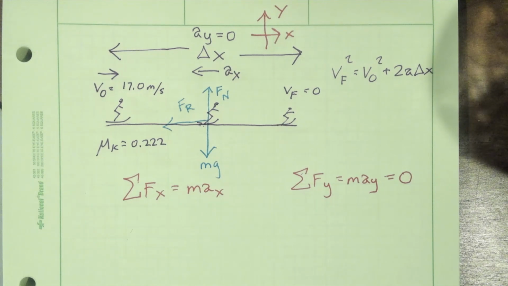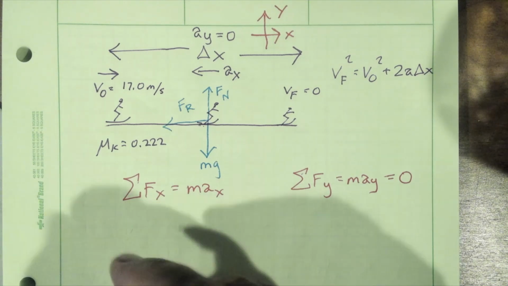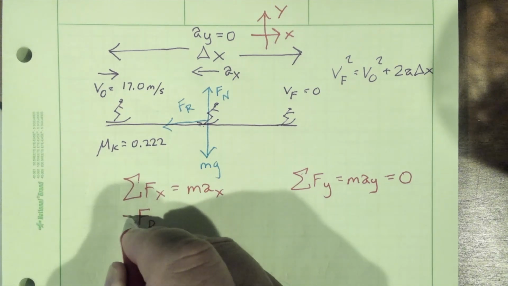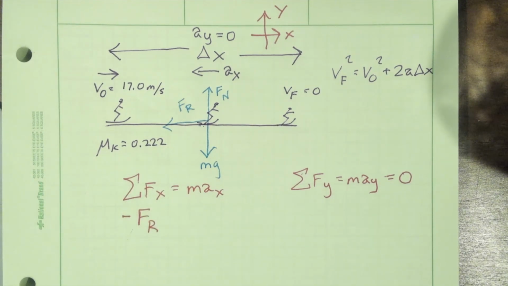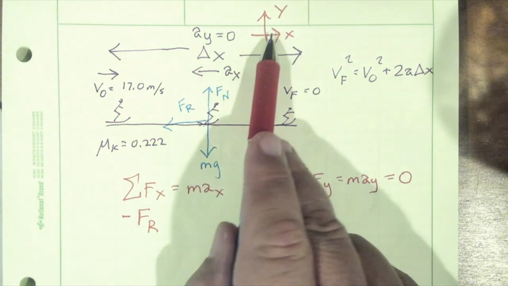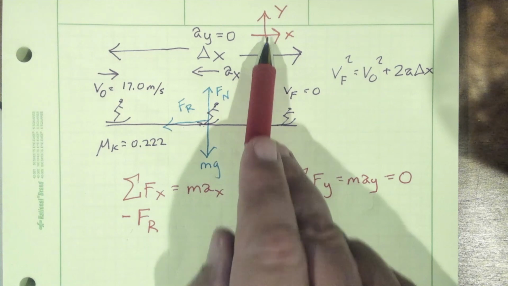There's only one force in the x direction, and when there's only one force, it is really easy to add up the forces. So all we have in the x direction is the friction force, and notice that force is going to be negative because it is to the left, and we say that to the right is positive.